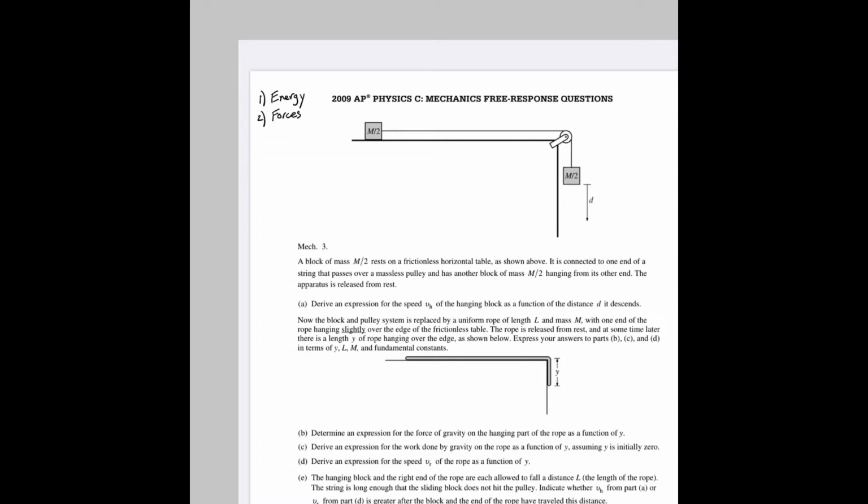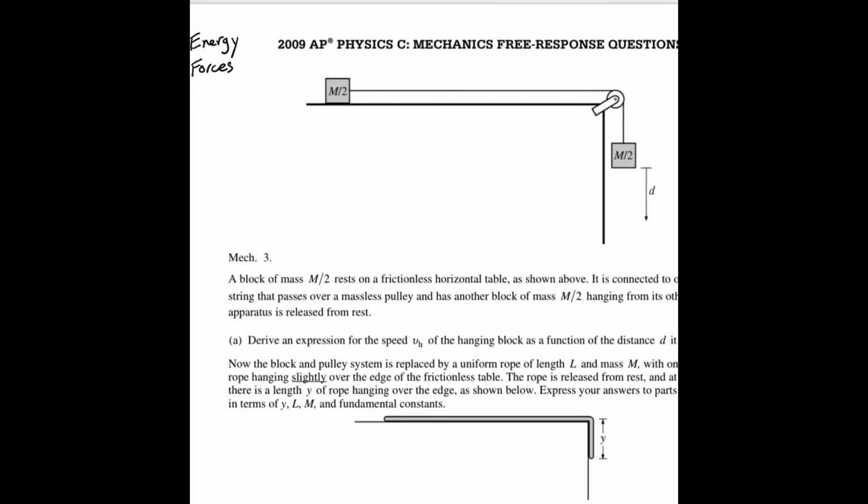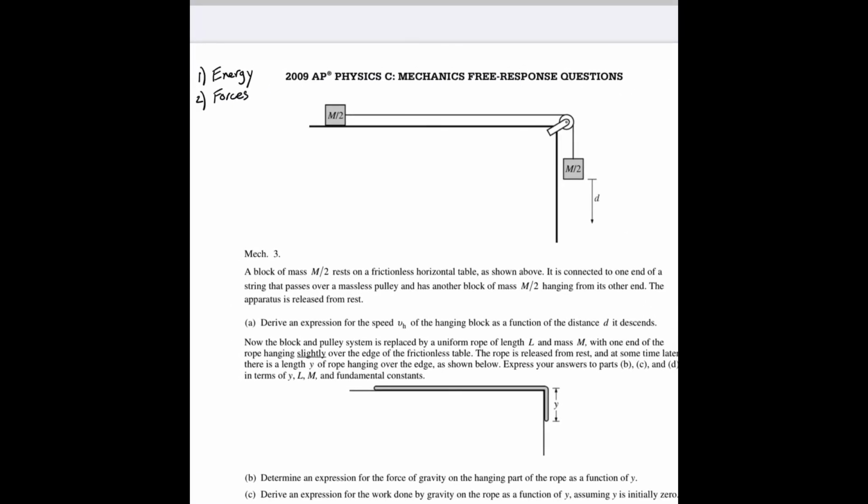Looking at energy, the energy that block number 2 has right here is potential energy due to gravity, and the energy that it's going to have down here is kinetic energy. So the potential energy that it has at the beginning is going to be equal to the kinetic energy that it has right there.